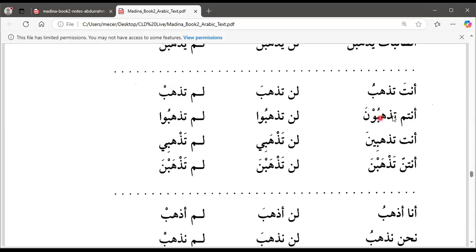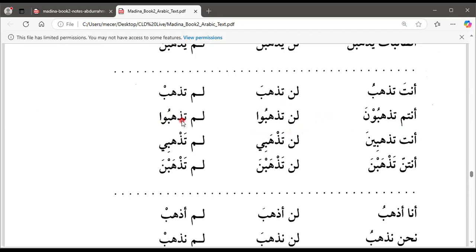Tadhabuna is fi'l mudari' marfu' with thubut nun. Thubut nun is the presence of nun. Lan tadhabu. Lan, nafi المستقبل. This is فعل مضارع منصوب حذف نون. So you remove nun. لم تذهبوا, the same applies.